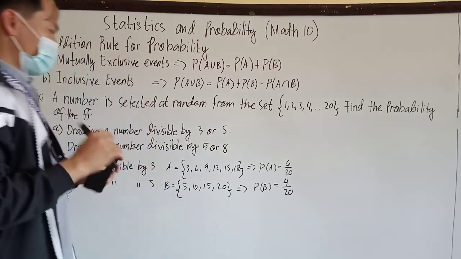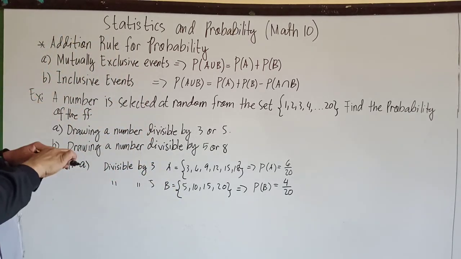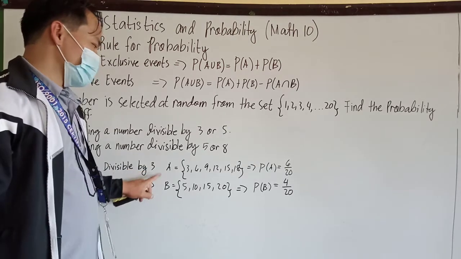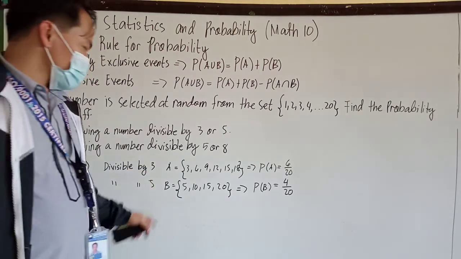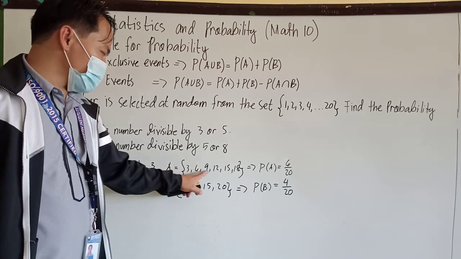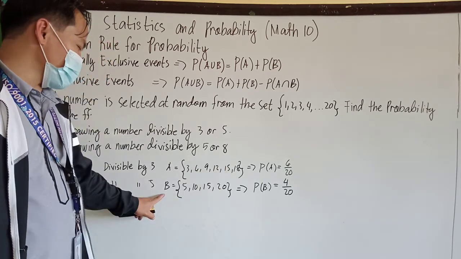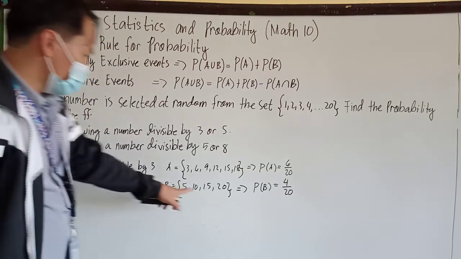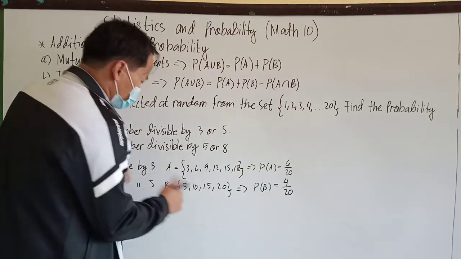Now at this time, we have to find out if there are common elements between these. Take a look. We have set A: 3, 6, 9, 12, 15, and 18. Set B: 5, 10, 15, and 20. So therefore, 15 is common to both of them.